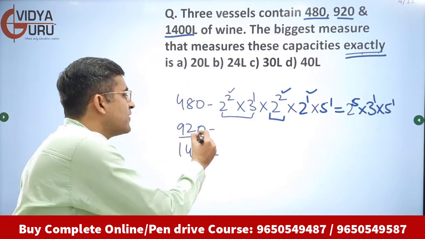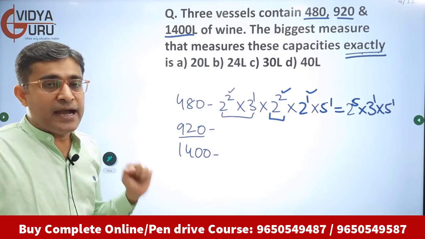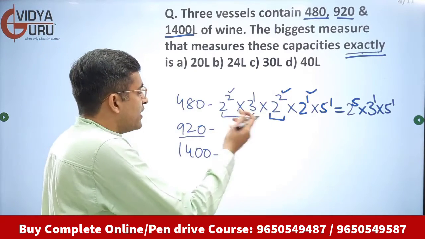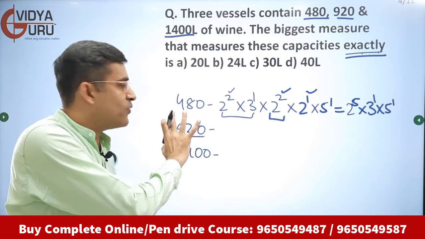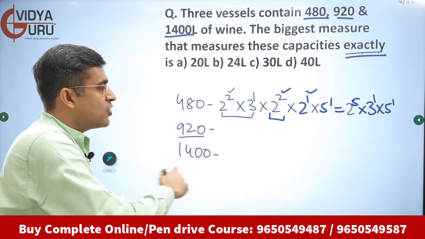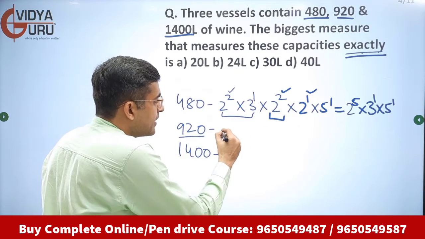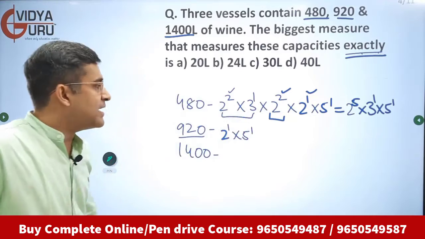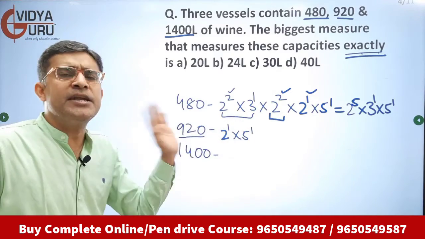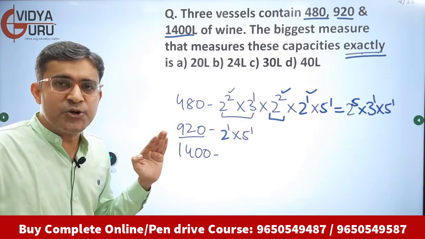So now let's think of 920. When I look at 920, I know it is divisible by 10. Sure. So 10 can be written as 2 raised to power 1 into 5 raised to power 1. That is how I write 10. 920 is 92 into 10.